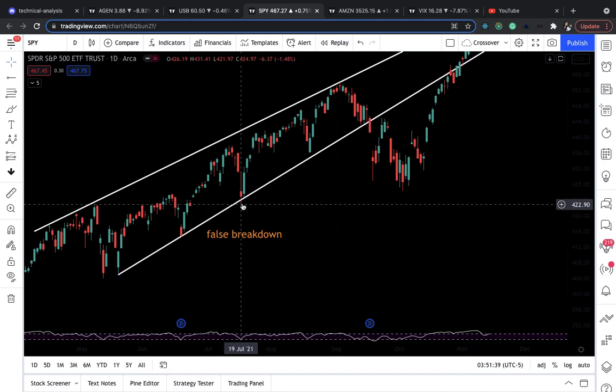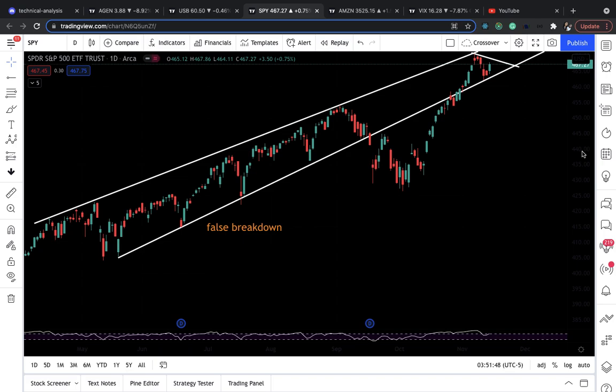The reason why we get these false breakdowns a lot of the time is because the market makers are looking to take out the retail trader stop losses. They go stop loss hunting. This is the area of liquidity. Once they take out the stop losses, they're going to push it right back up.